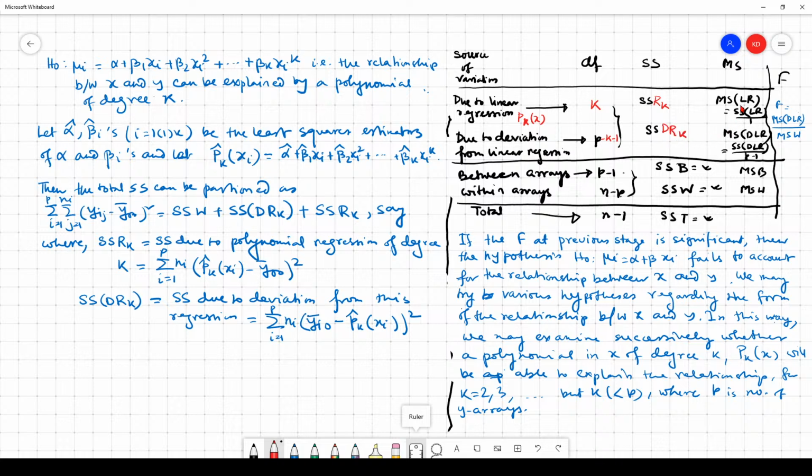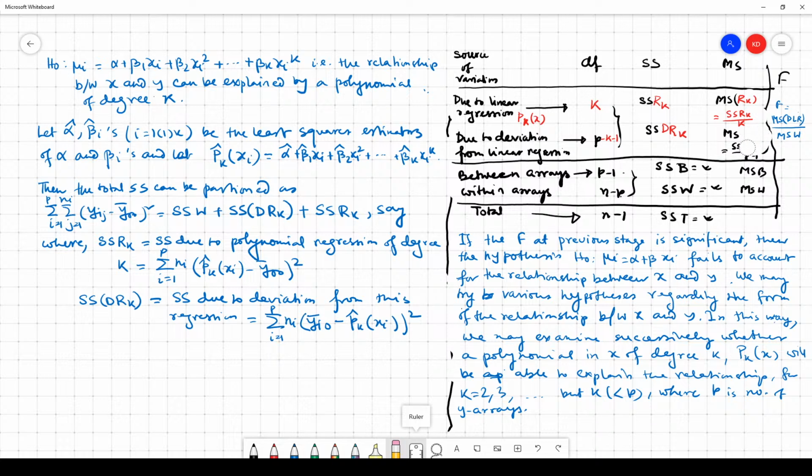And here change this thing, MS RK, into SS RK divided by corresponding degrees of freedom k.